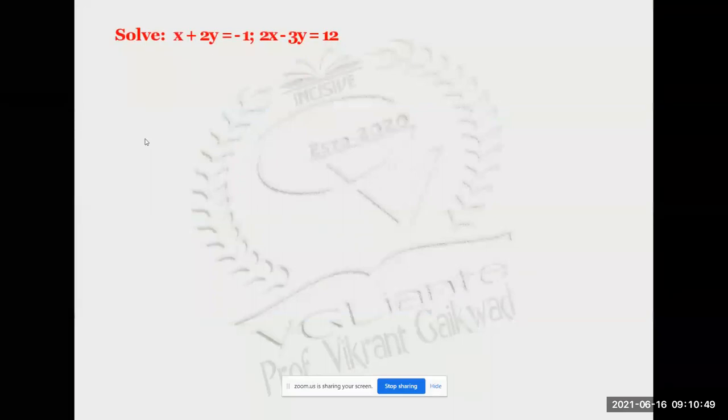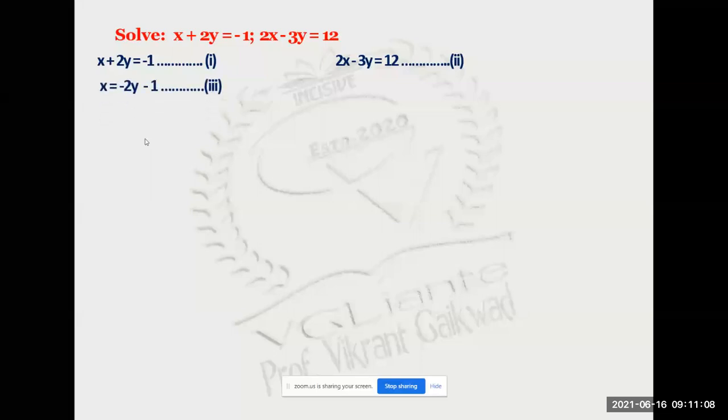Let us solve x plus 2y equals -1 and 2x minus 3y equals 12. x plus 2y equals -1 is your first equation, and the second equation is 2x minus 3y equals 12. What we have done is written x in terms of y.